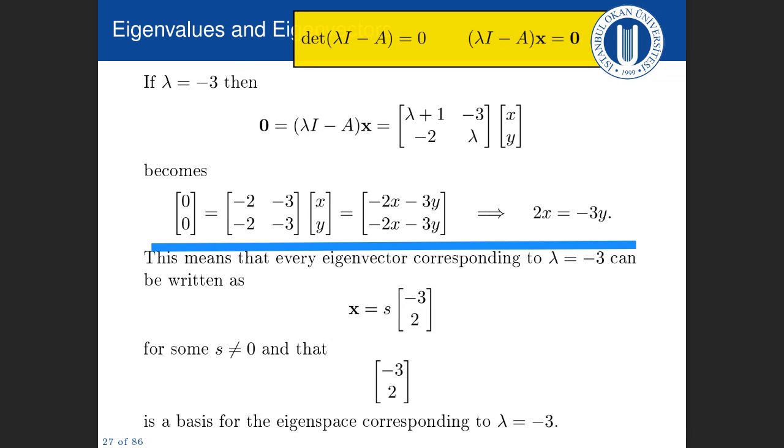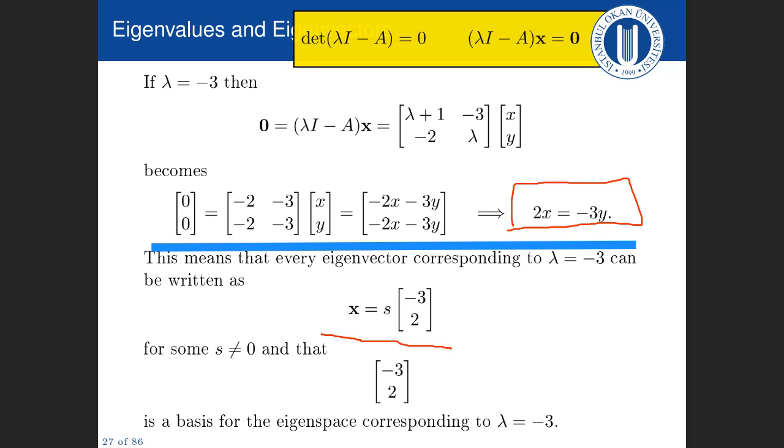We need to have 0 equal to minus 2x minus 3y, or equivalently, we need to have 2x equal to minus 3y. What are all the vectors which satisfy this? All of the vectors which satisfy this are of the form s times minus 3, 2 for some non-zero number s. And that tells us that the vector minus 3, 2 is a basis for the eigenspace corresponding to lambda equal to minus 3.